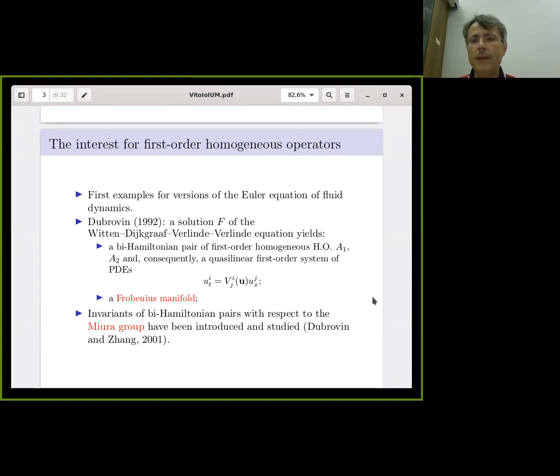So the bi-Hamiltonian pair yields also the corresponding integrable system. And the bi-Hamiltonian pair also corresponds to a Frobenius manifold. We will not touch this topic, but every solution F of the WDVV equations is a potential for a Frobenius manifold.